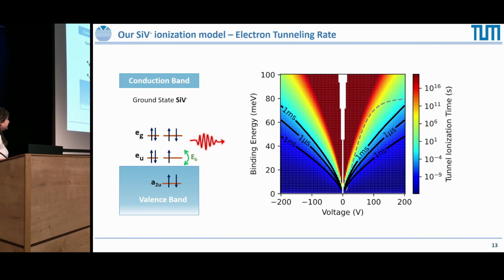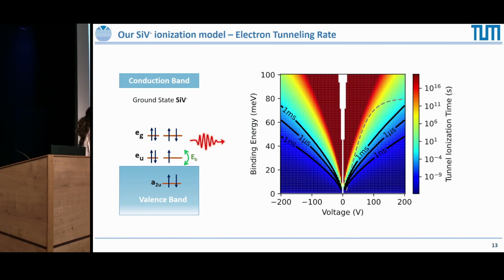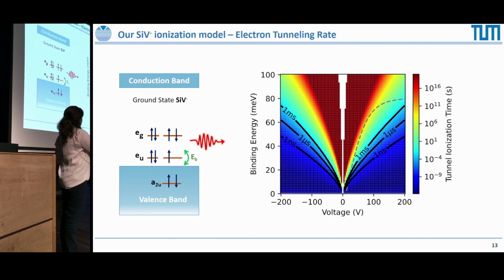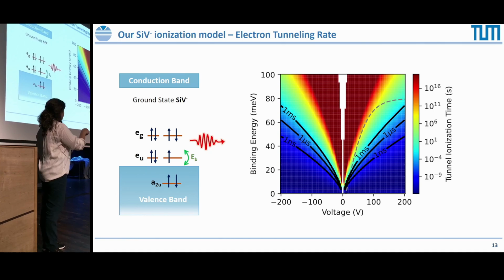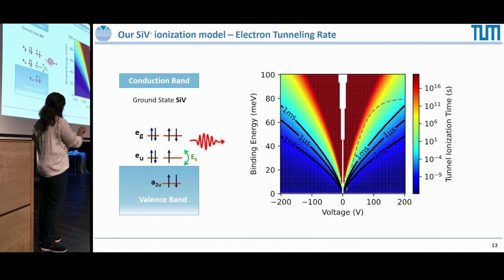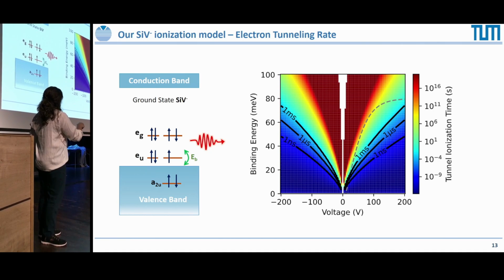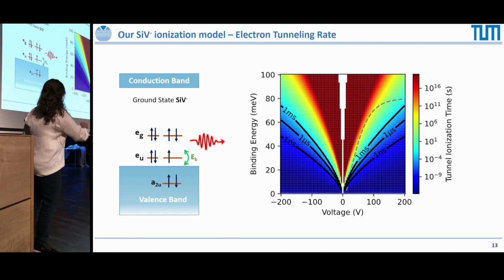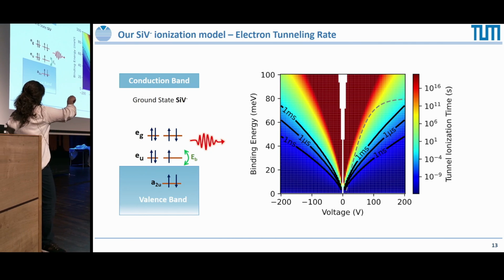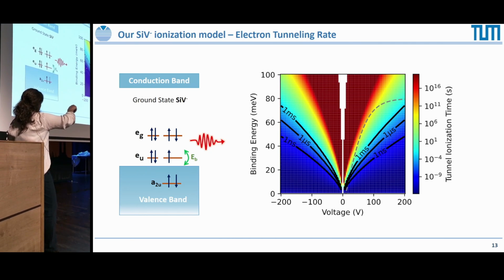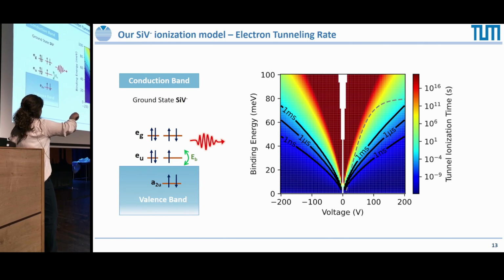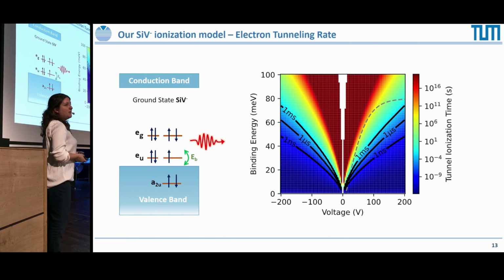So what we did here is just apply a simple toy model to calculate the ionization time of our defect as a function of the voltage and the binding energy of our defect. And indeed, we found out that this could be a plausible explanation of what we observed. So here in black, you can see we highlighted some curves that would correspond to the experimental timescales that we have measured.